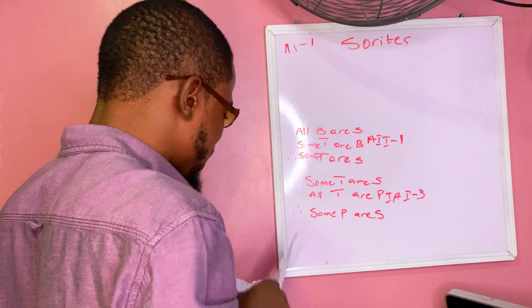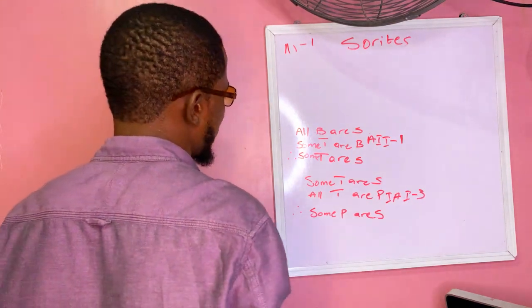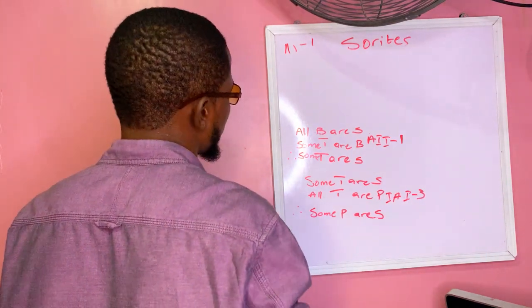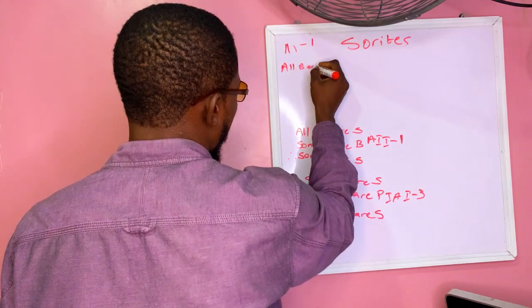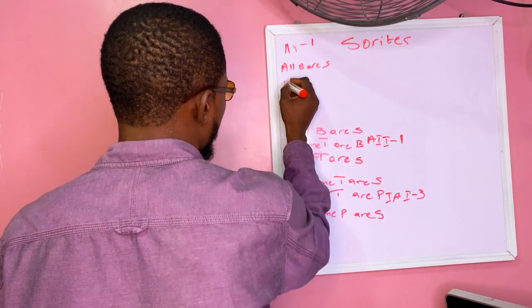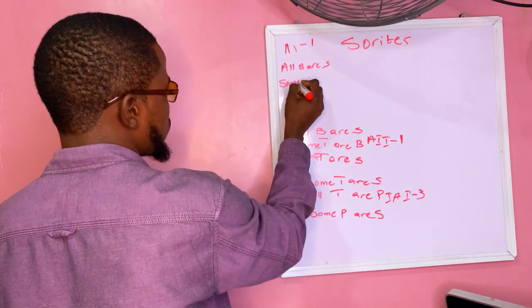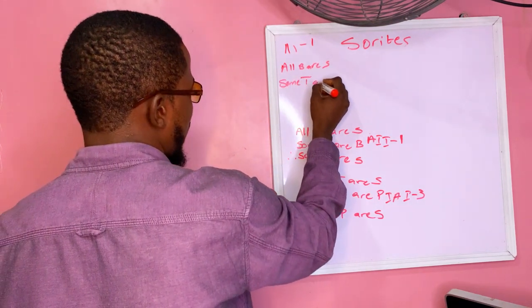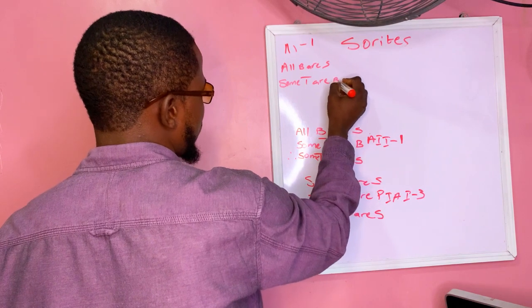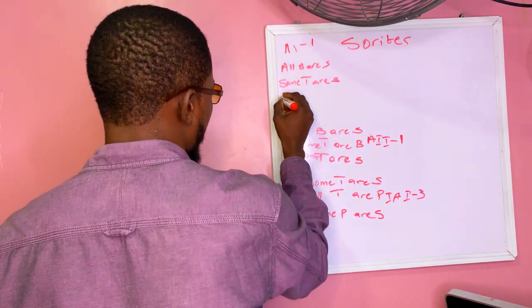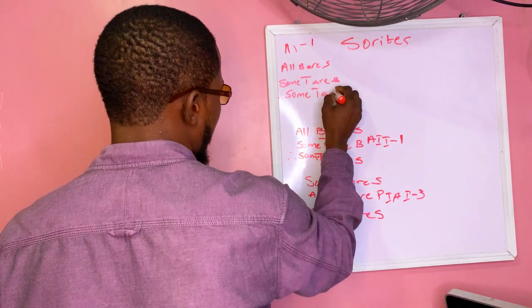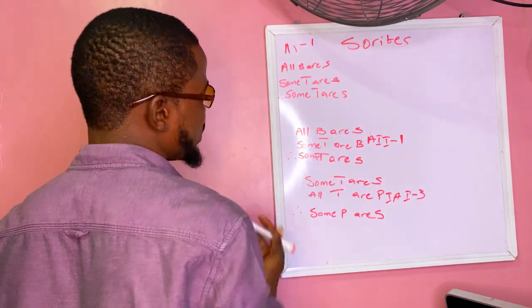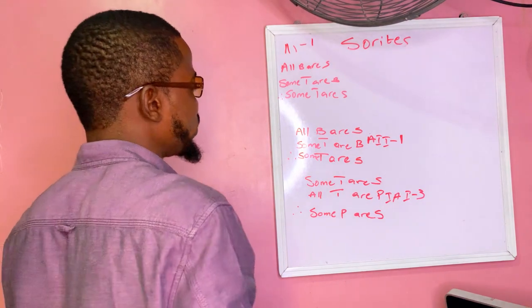So let me just rewrite it so that I'm not going to lose the content. So the first one is all B are S. Second one, some T are B. Third one, therefore, some T are S. I'm just rewriting what is here because of space, so I'm not performing any magic.